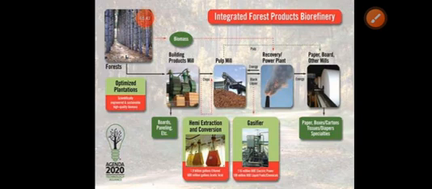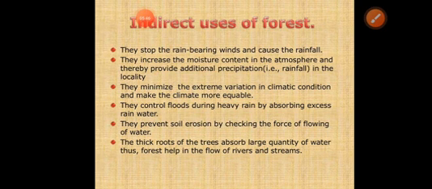Now, let us discuss a few of the indirect uses of forest. Forest protects the soil from the direct action of rain and wind, as plants and trees hold the soil particles firmly, thus soil erosion is prevented. Forest has a moderating effect on temperature and other climatic conditions.